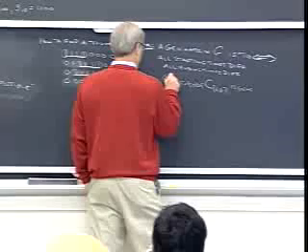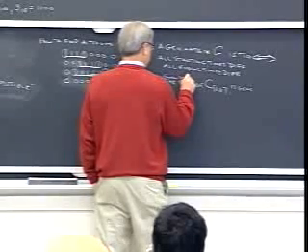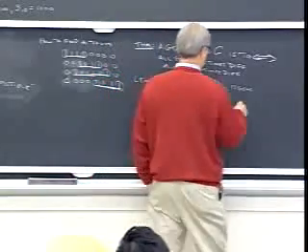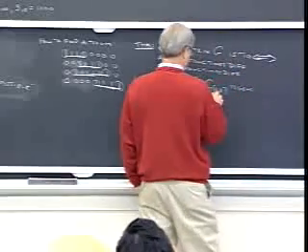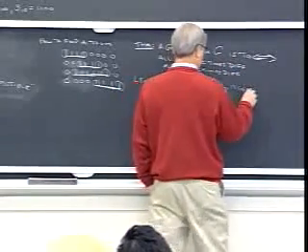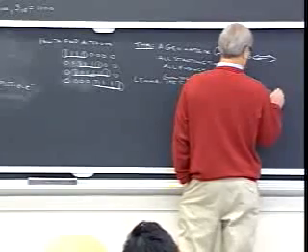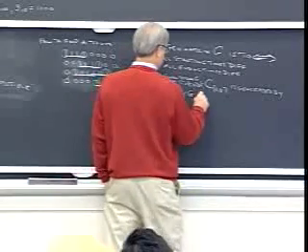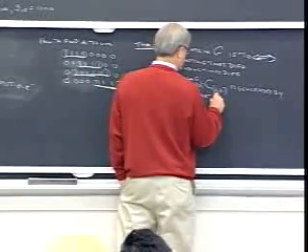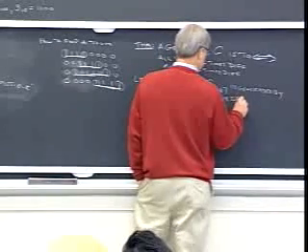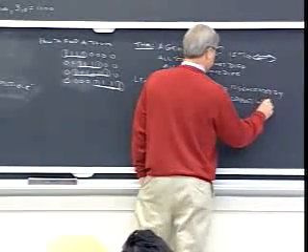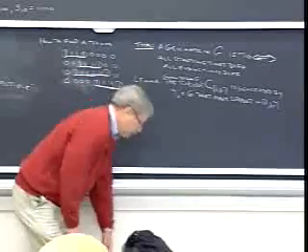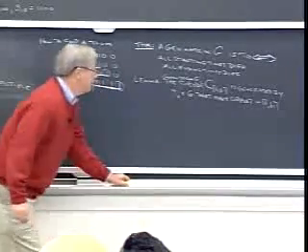So given a trellis-oriented generating matrix, namely one that satisfies these conditions, then the subcode C consisting of all the code words that have support on this interval is generated by the Gj in G that have support in kk prime. And that's kind of intuitive and obvious.